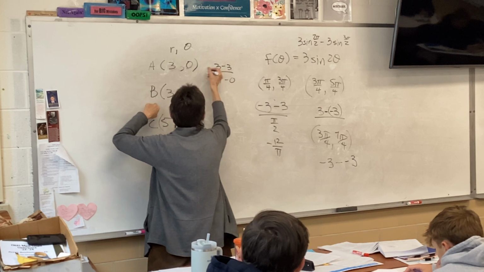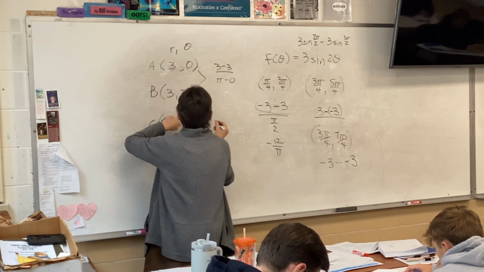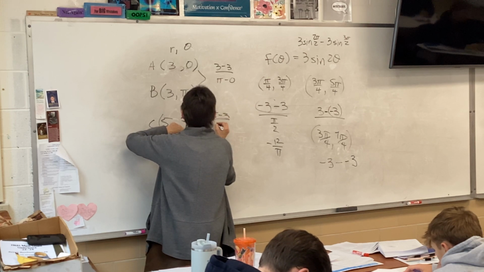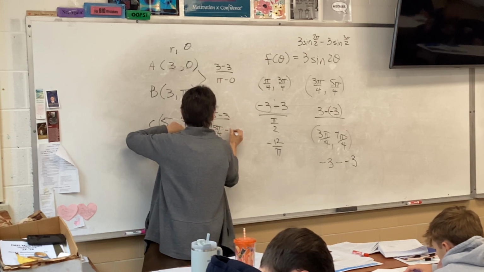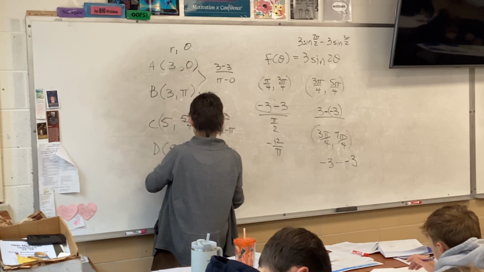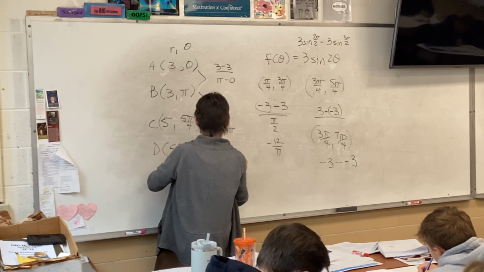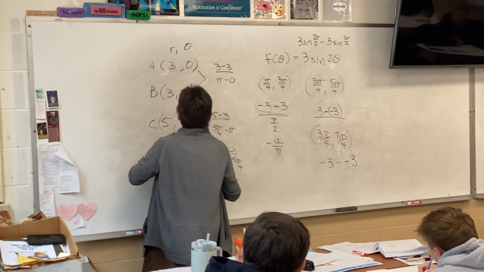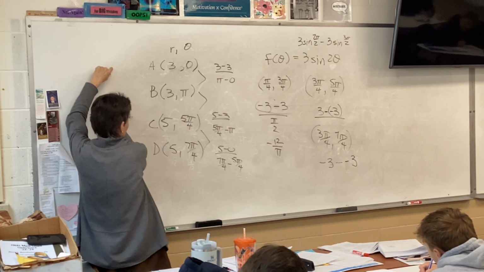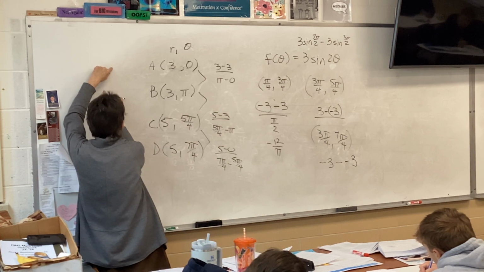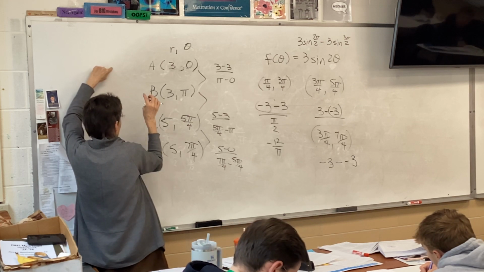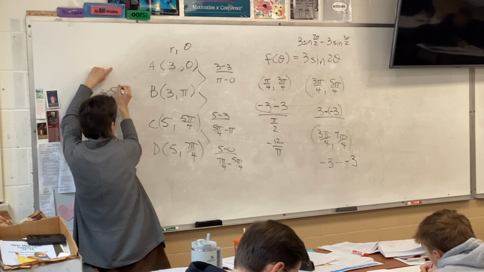This one is going to be 5 minus 3 over 5 pi over 4 minus pi. This one is going to be 5 minus 5. And D to A is going to be 3 minus 5.